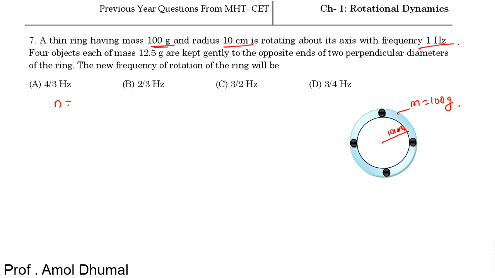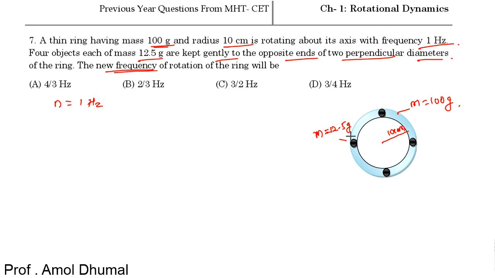The frequency n is 1 hertz. 4 objects of each mass 12.5 gram, so small m is 12.5 gram, are kept gently at the opposite ends of two perpendicular diameters. So like this, these 4 objects are placed on opposite ends of two perpendicular diameters of the ring. The new frequency of rotation of the ring will be, we have to find out the new frequency of rotation.